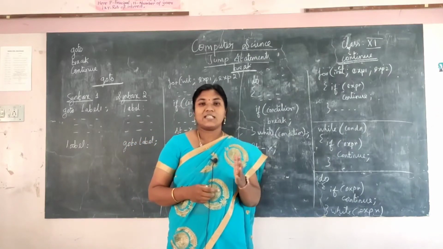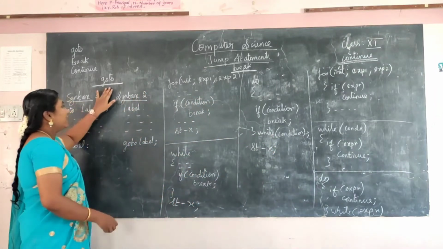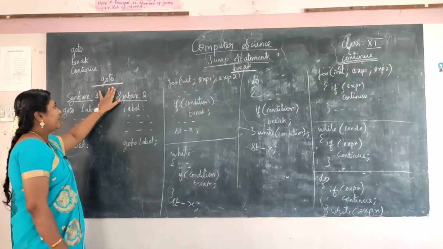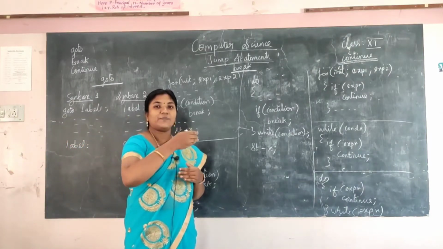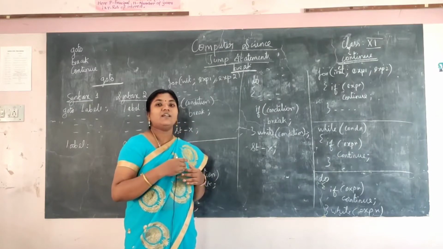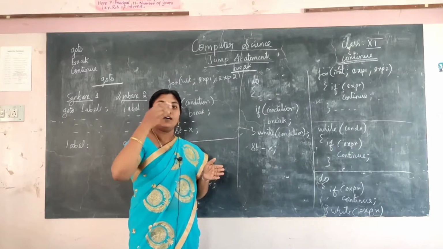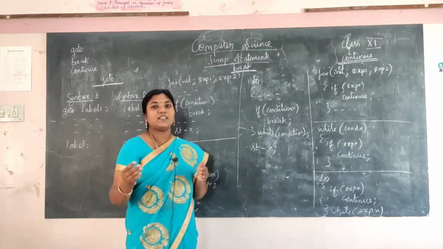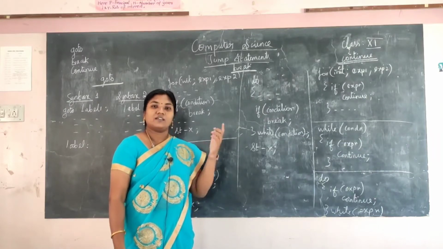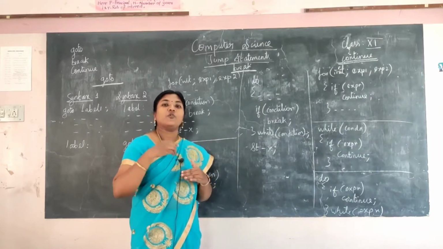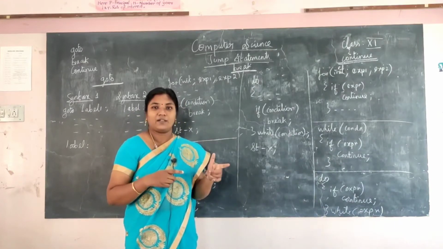Now let us see the syntax for these 3. First one, the goto statement. As per the word, when your statements are executed one by one, and you want to jump from one statement to another statement, then the goto statement will help with that. To specify which statement it has to jump to, you have a label.